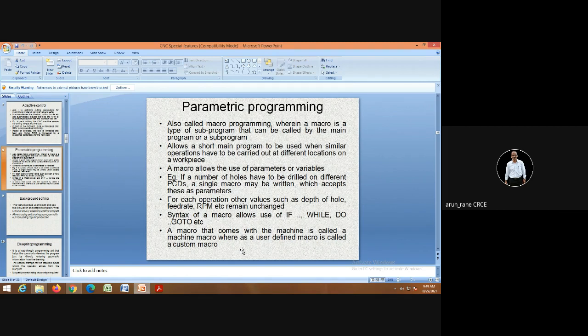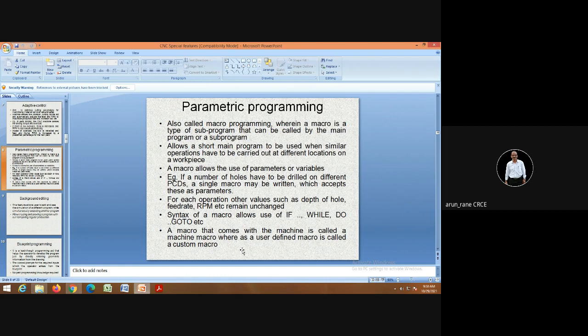This was a very powerful feature, parametric programming, earlier before CAM software was launched in the market. Now there are CAM software, that is computer aided manufacturing software, machining software like Mastercam, ProE, and others.